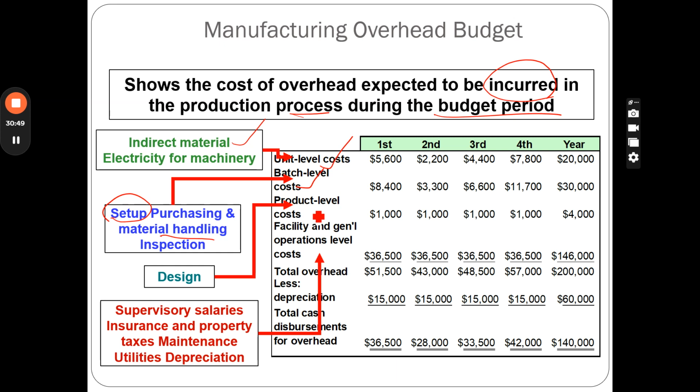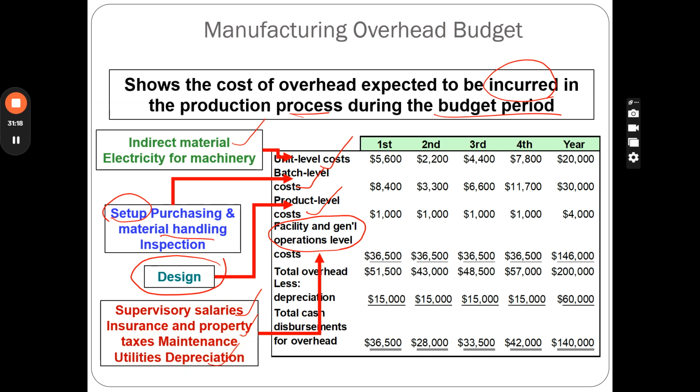Some costs are going to be based on product level. For example, we are redesigning our product. So it is going to happen only once in the life of the product. So these expenses are going to be based on product level, and some are based on facility and general operation level, like supervisor's salary, insurance, property taxes, maintenance, utility, depreciation.